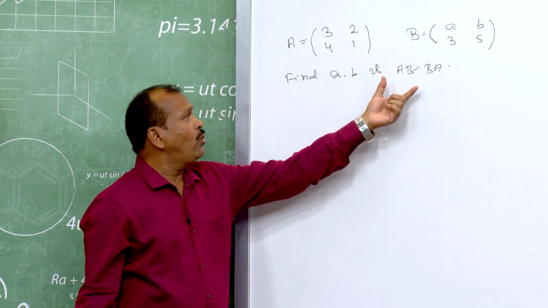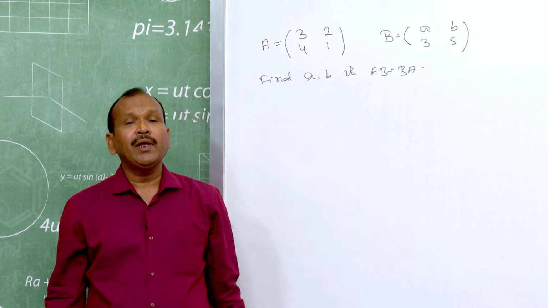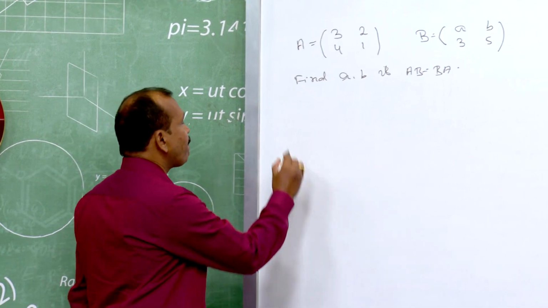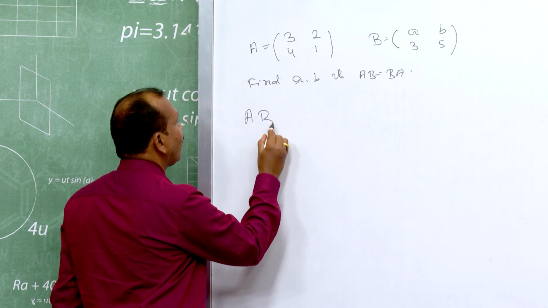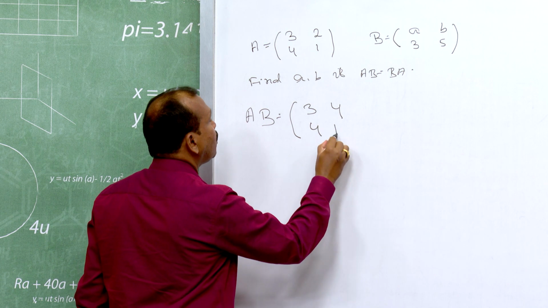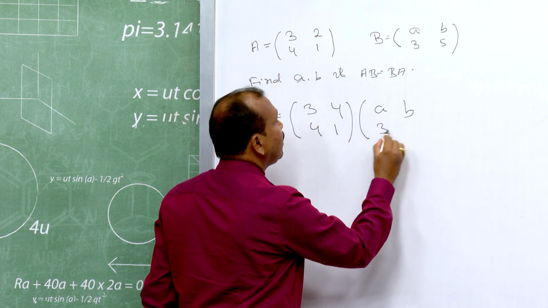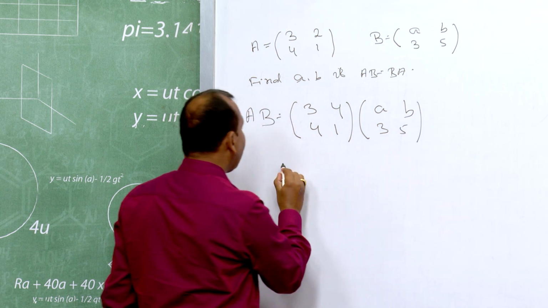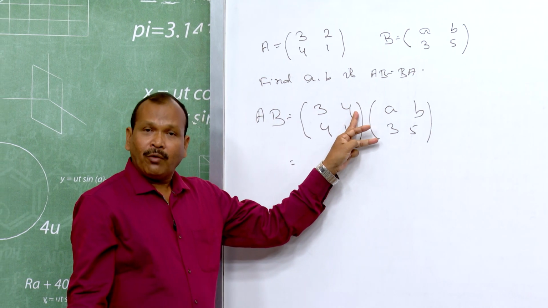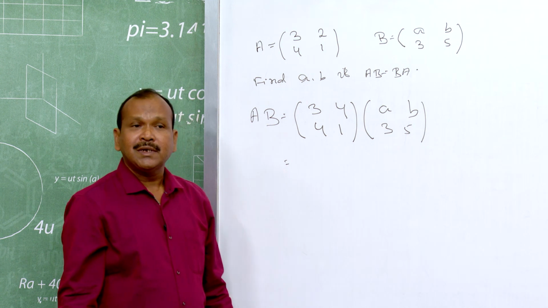Then we know the equality of two matrices. Accordingly, we have to find the values of a and b. First, we have to find AB, the product of two matrices. A matrix is 3 2, 4 1, and B is a b, 3 5. The product is done by multiplying the first row of the first matrix with the first and second column of the second matrix.